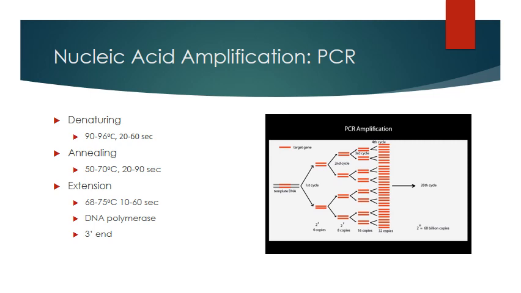Then the third and last step of the PCR cycle is the primer extension step. This is essentially where the DNA synthesis occurs. So your replication is occurring here. This is where you're going to add your polymerase. The polymerase is going to synthesize a copy of the template DNA by adding nucleotides to the hybridized primers.